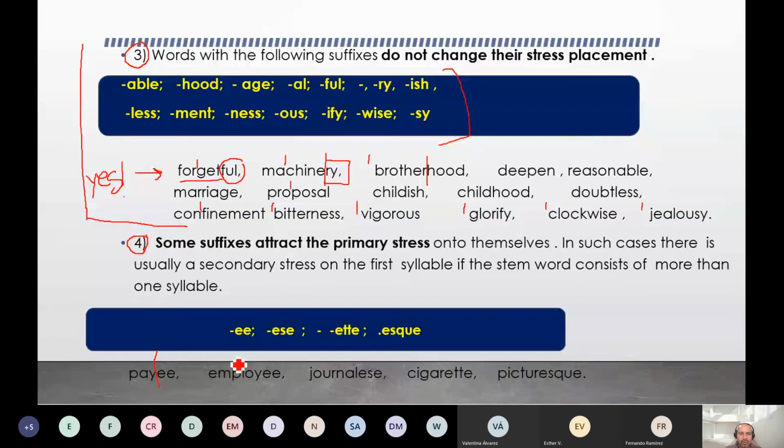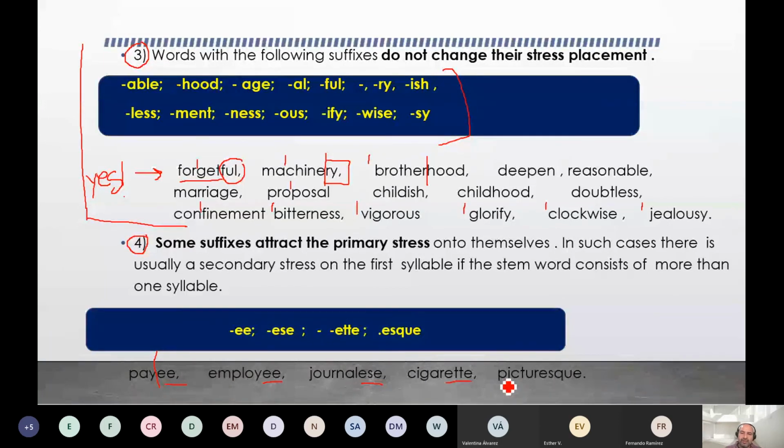Employ, you see where the stress goes, right? Stress falls on the second syllable, employ, but employee. Journal, but journalese. Cigar, cigarette.